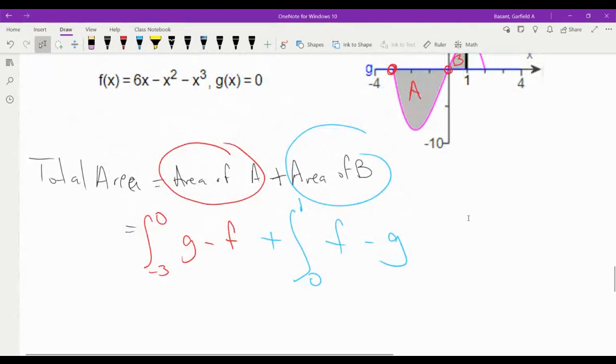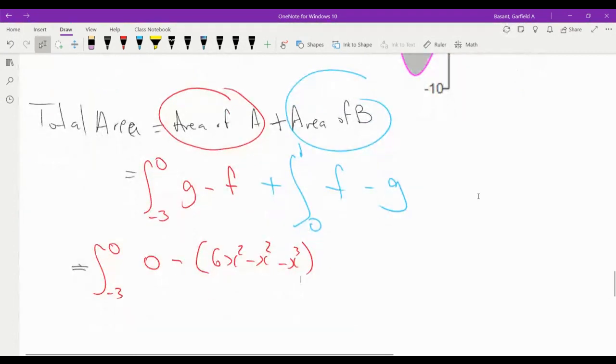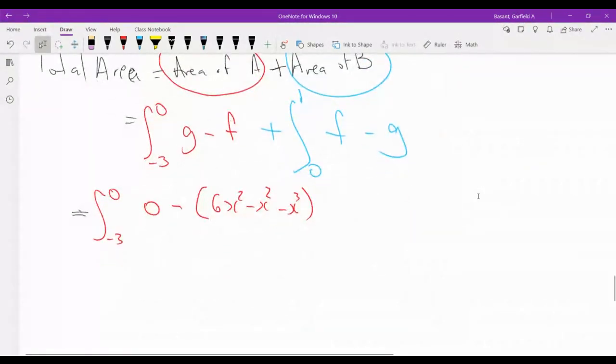All right, so let's plug them in now. We're still doing part A, and G is 0 minus F, which is 6x minus x squared minus x to the third. That's the A part. And let's just continue simplifying this.